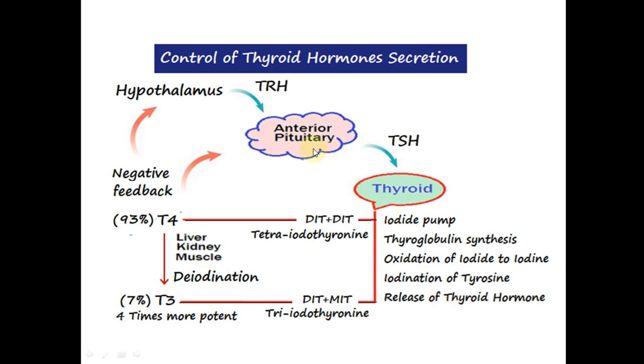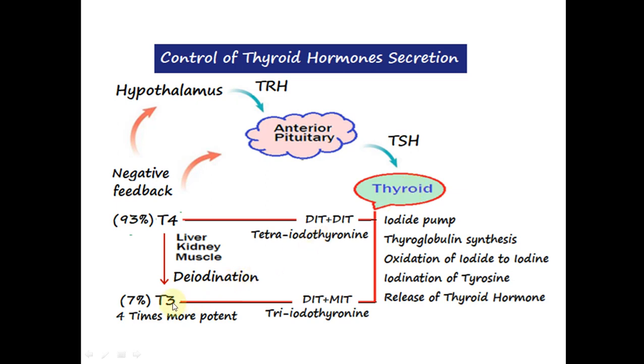The anterior pituitary itself is under the control of the hypothalamus. And the hypothalamus secretes thyrotropin releasing hormone or thyrotropin releasing factor to stimulate the anterior pituitary to cause formation and release of thyroid stimulating hormone, which will activate the thyroid gland.